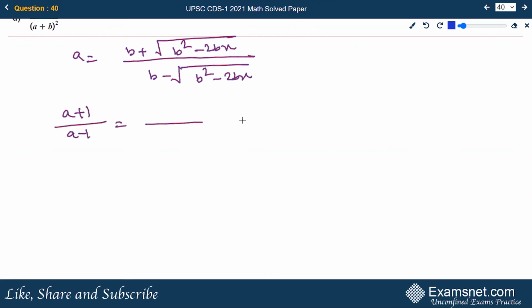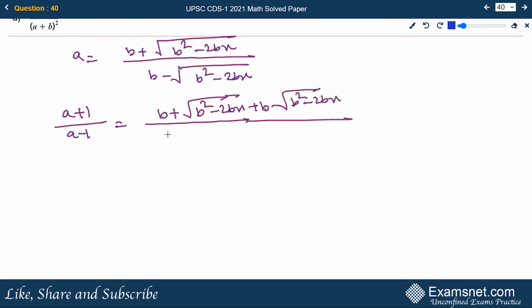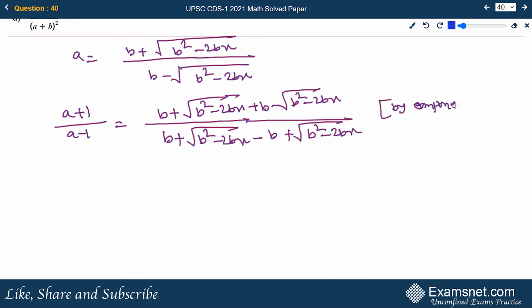Okay, we will get b plus root under b square minus 2bx plus b minus root under b square minus 2bx, over b plus root under b square minus 2bx minus b plus root under b square minus 2bx, by componendo dividendo.